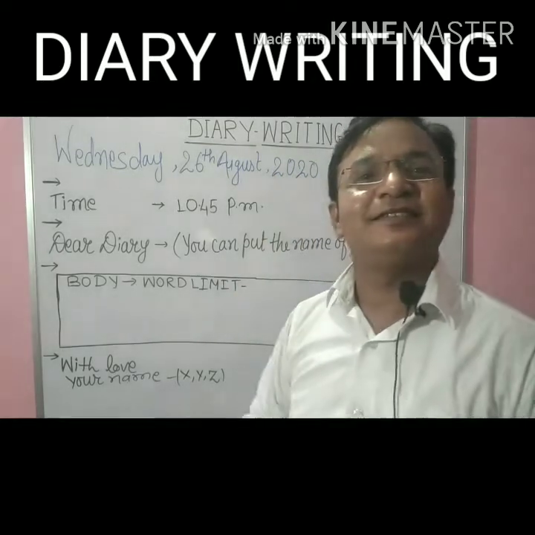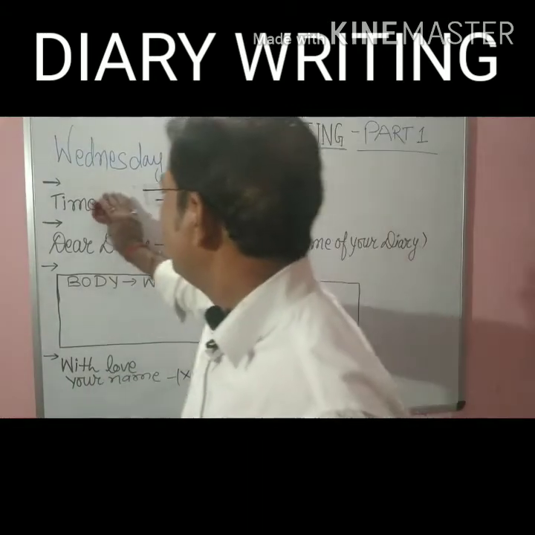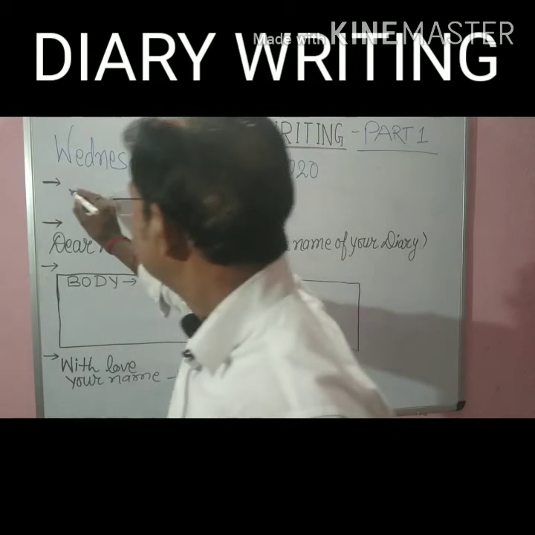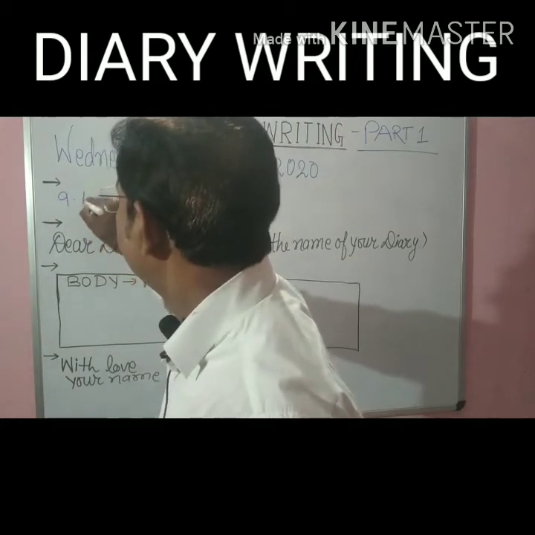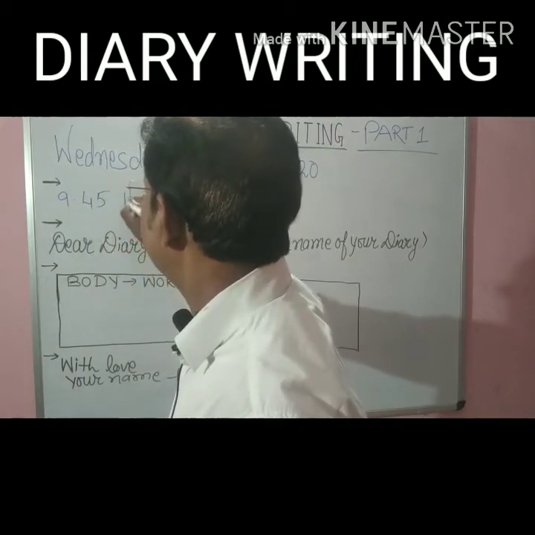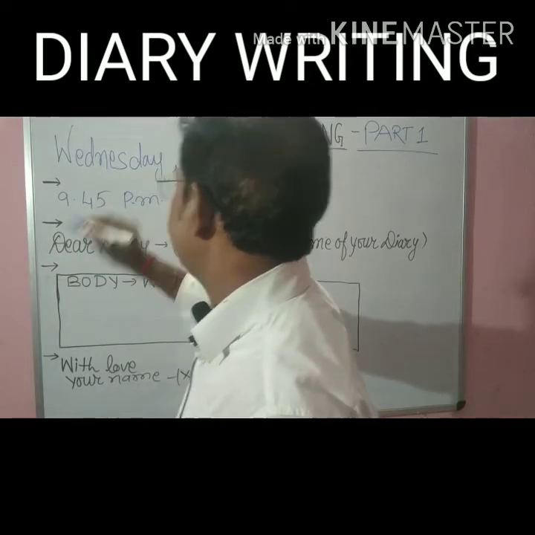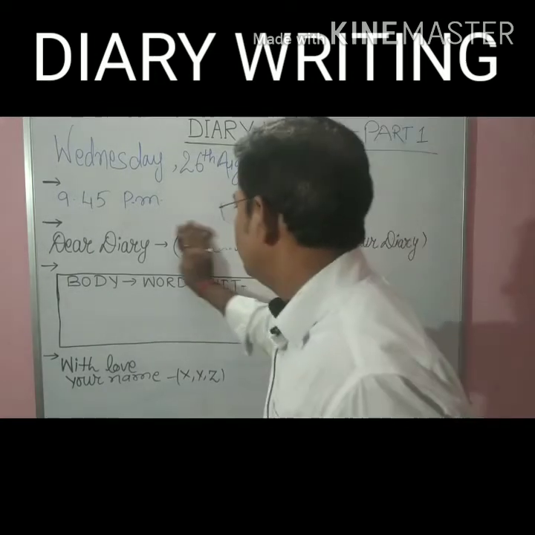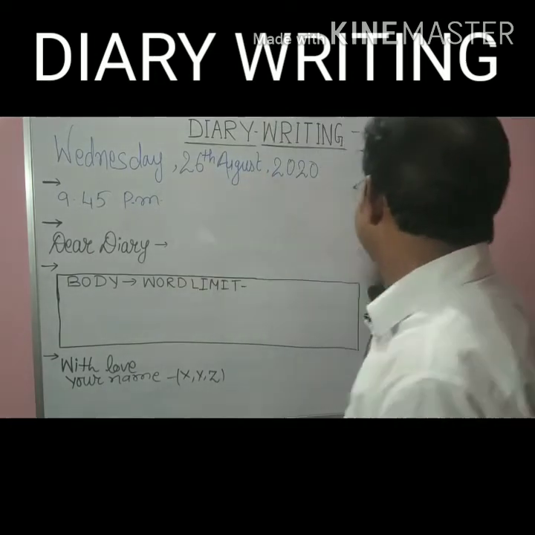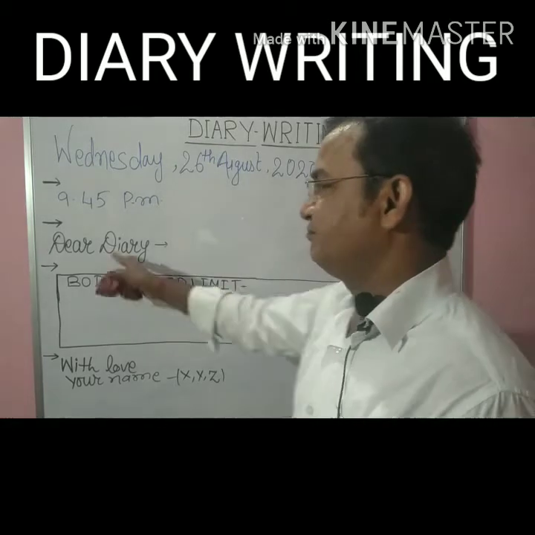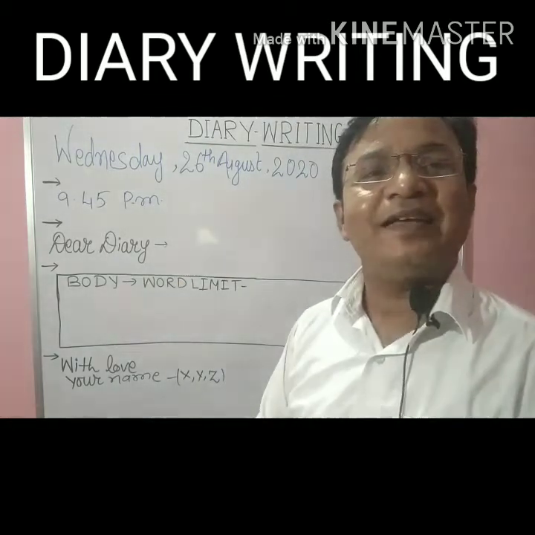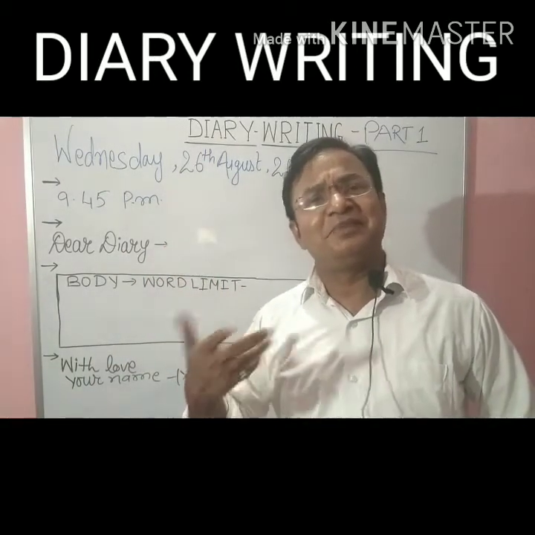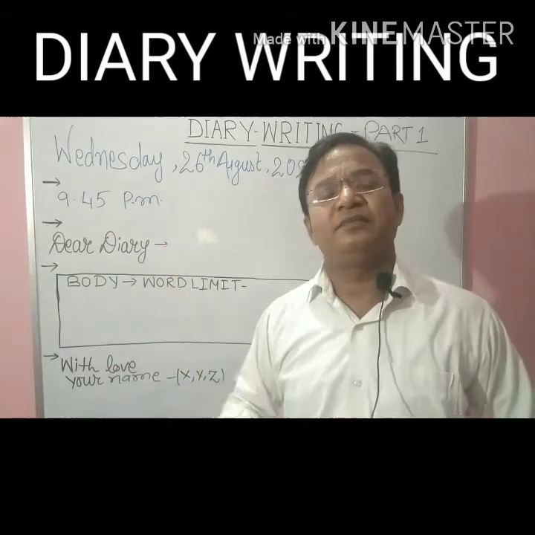This is today. And at the place of time, we have to write 9 p.m., 9:45 p.m. Then leave one line, then write down dear diary. No doubt, I have also written dear diary here. And if you are not writing dear diary, write dear Kitty, dear Pretty, dear anything. You can name your diary.